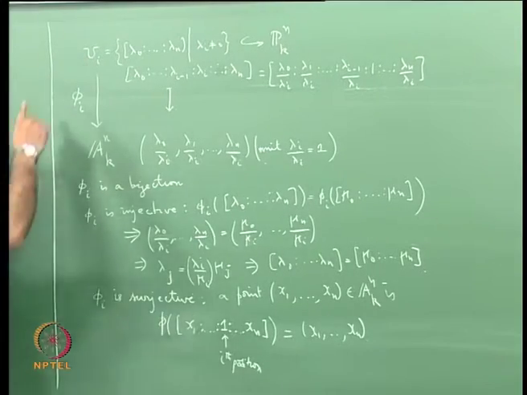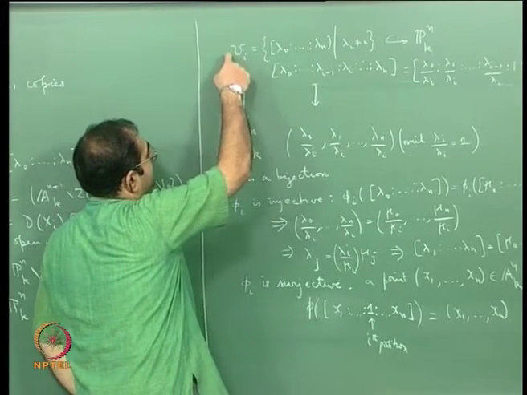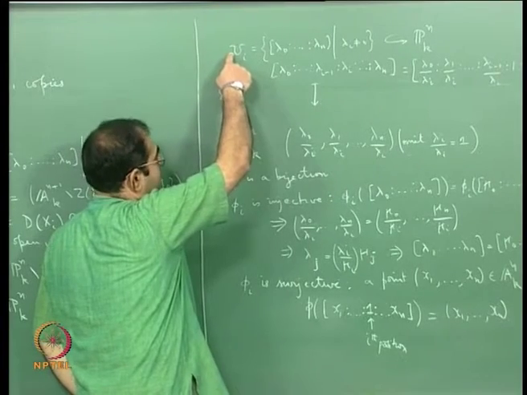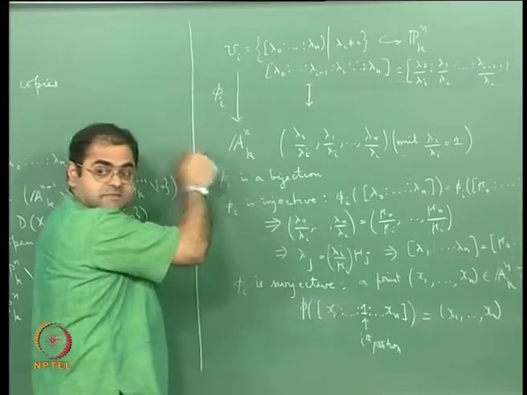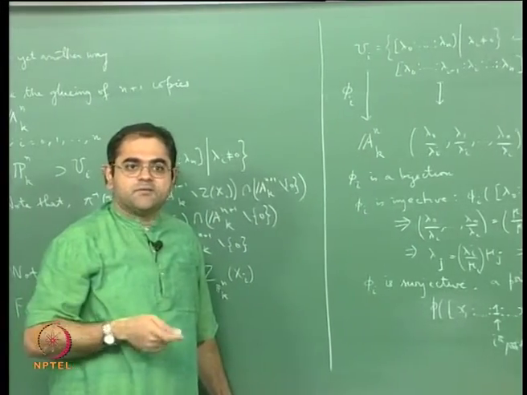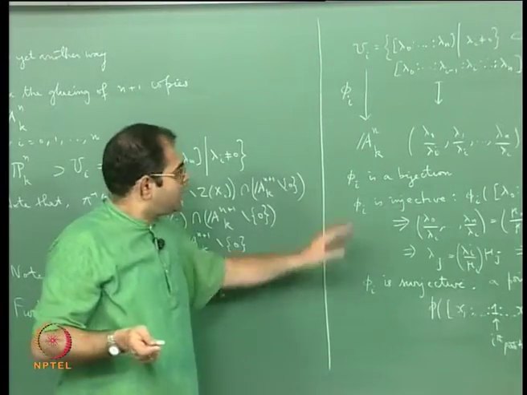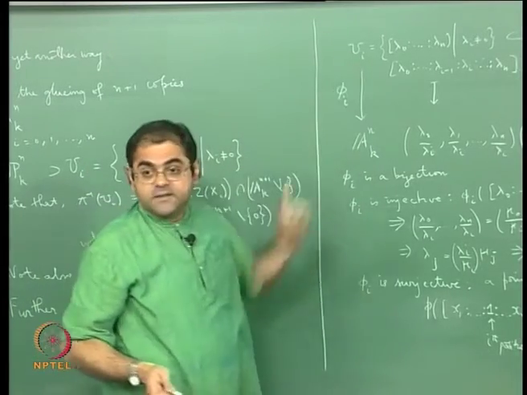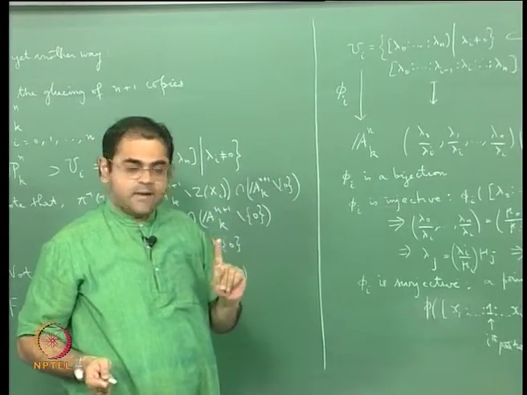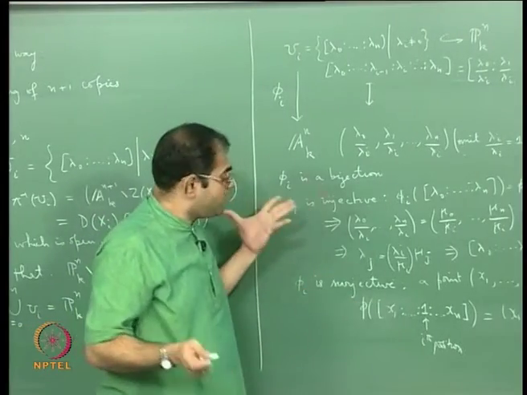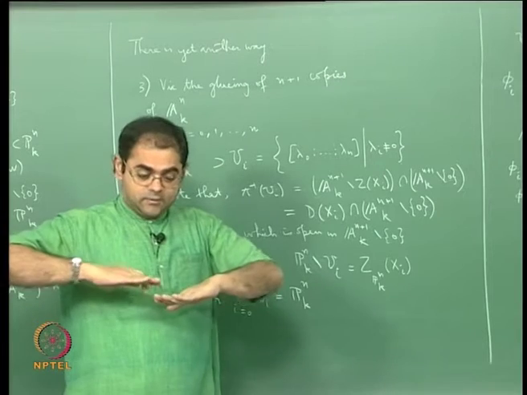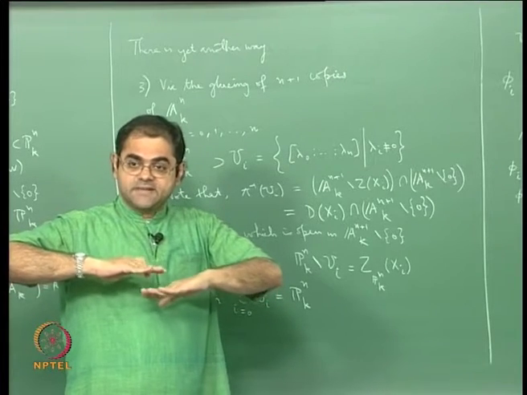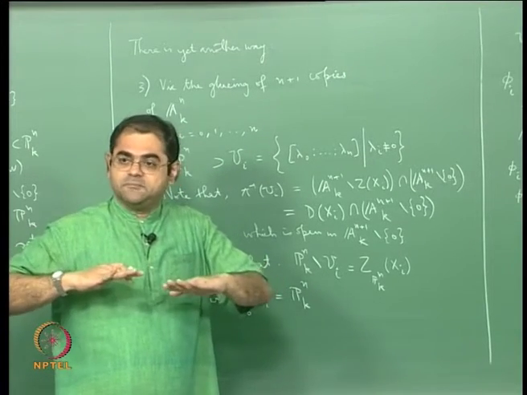Namely, what is it? You give me a subset here. A subset here is open, respectively closed, if and only if its image here is open, respectively closed, for the Zariski topology on this affine space. So with that definition, I can give you a topology on each UI. The UIs of course cover the projective space, and the only thing that you will have to worry about is whenever there is an intersection, the topologies agree.